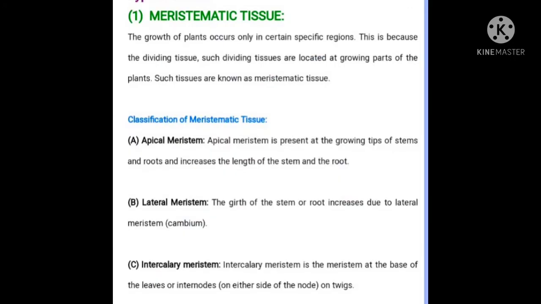Meristematic tissue. Okay, so the growth of plants occurs only in certain specific regions. Okay, in meristematic tissue, the growth of the plant occurs only in certain specific regions. Okay, this is because the dividing tissues are located at the growing parts of the plants. Okay, such tissues are known as meristematic tissues.